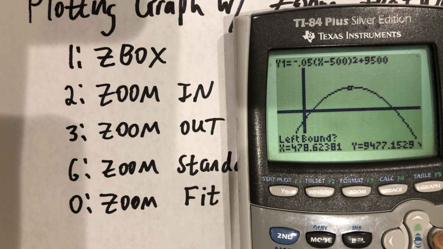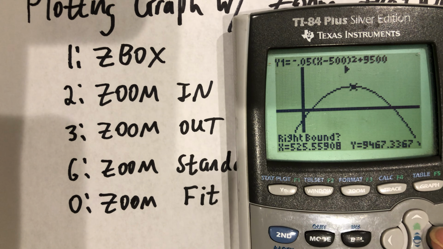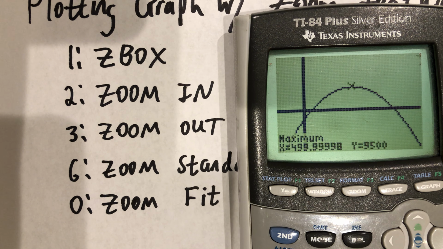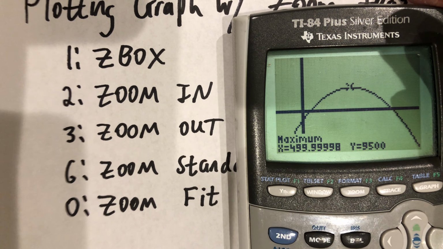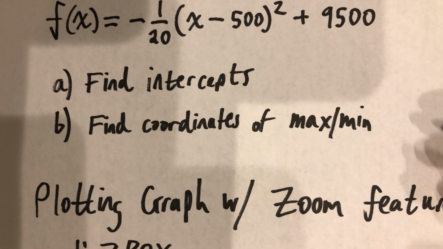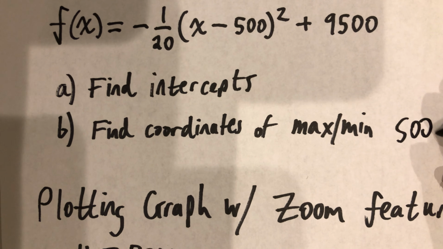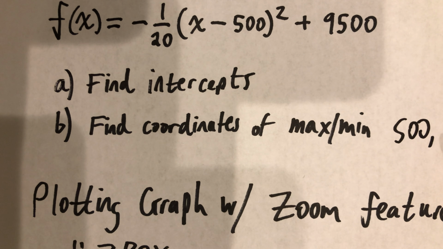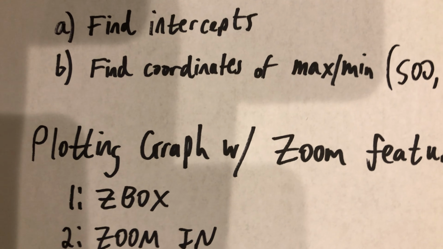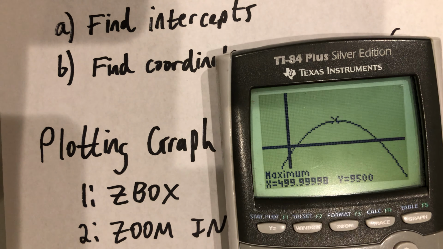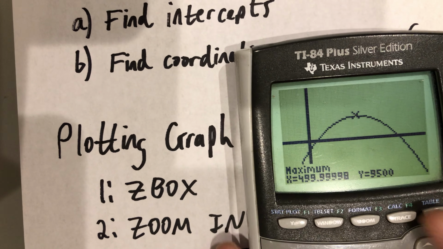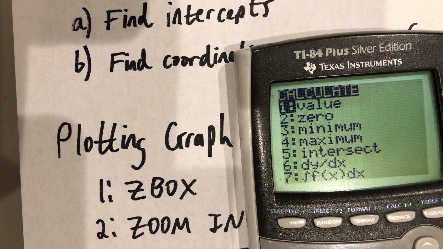So I'll go just to the left and just to the right, and we have our maximum at x equals 500. So I can write that down. 500, 9500, and then we can find our zeros, or I should say our intercepts.